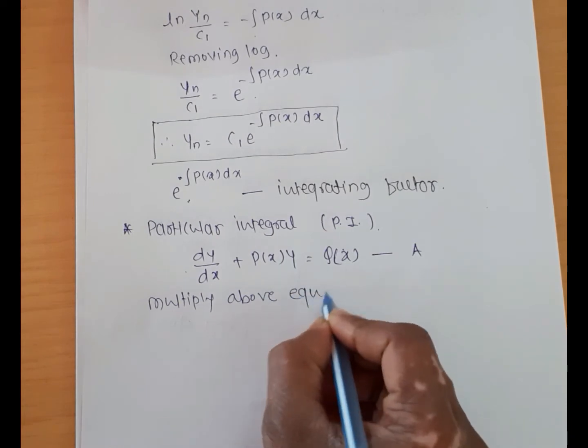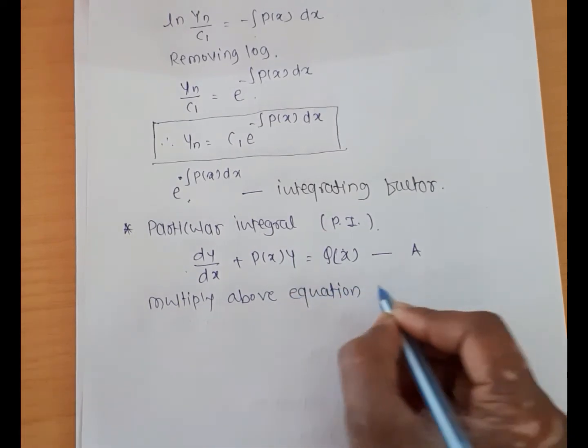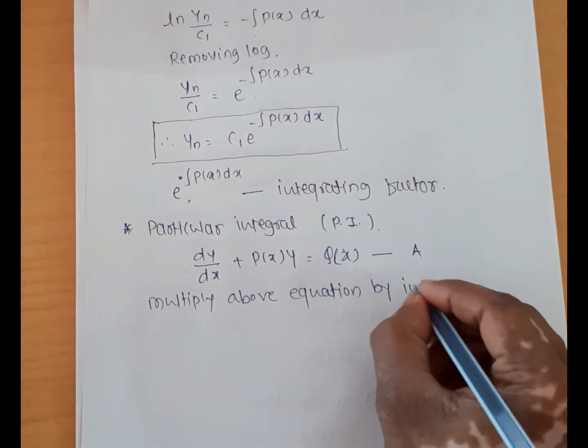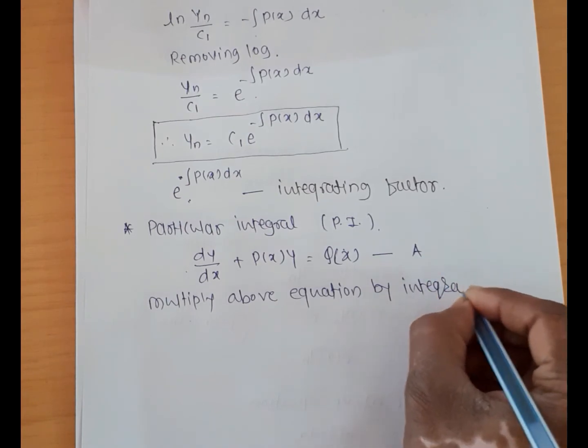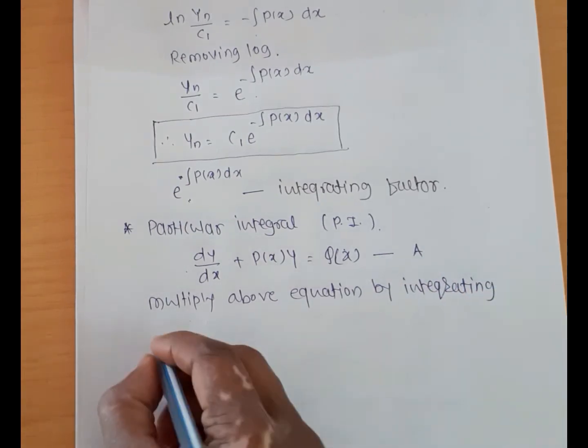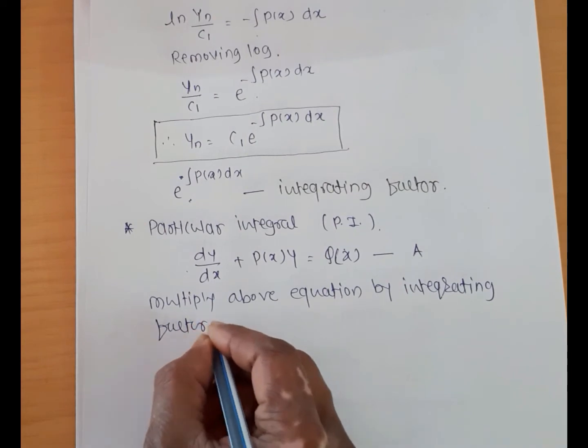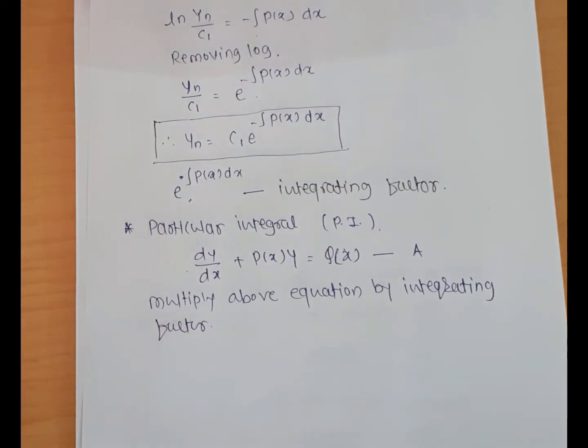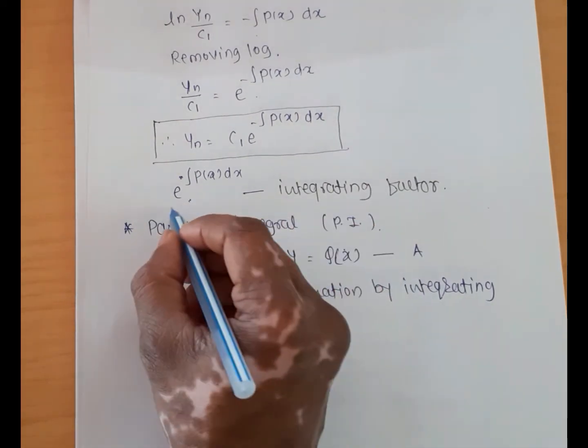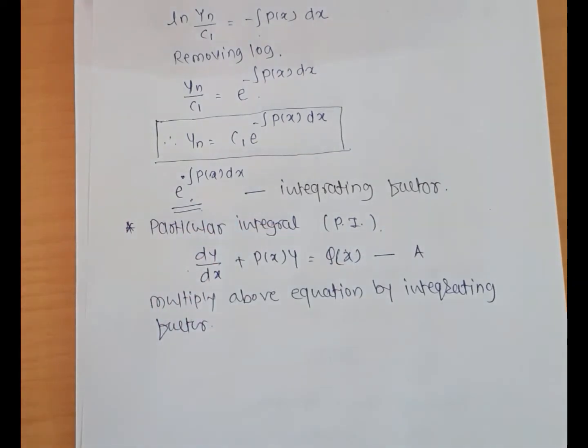Multiply the above equation by the integrating factor. So how to multiply this? Like this. See, this is the integrating factor, e raised to integral of p of x dx.